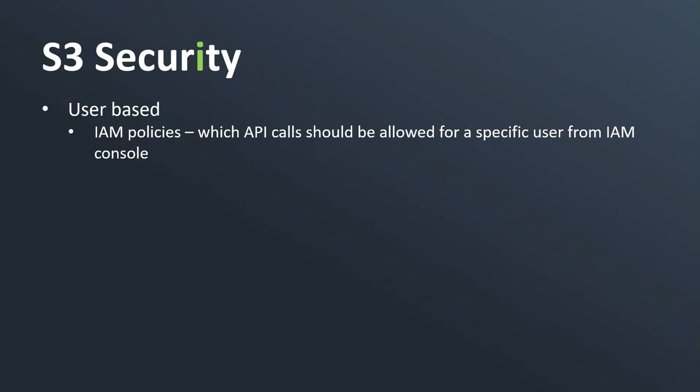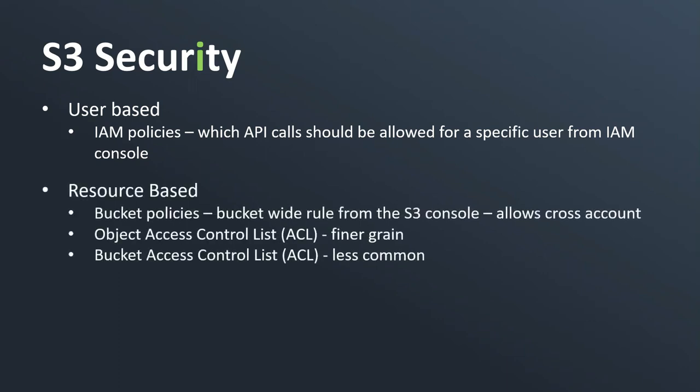Then we have resource based security, and this is the infamous S3 bucket policies. They are bucket wide rules that we can set in the S3 console, and what they do is say what a principal can and cannot do on our S3 bucket, and this enables us to do cross account access to our S3 buckets.